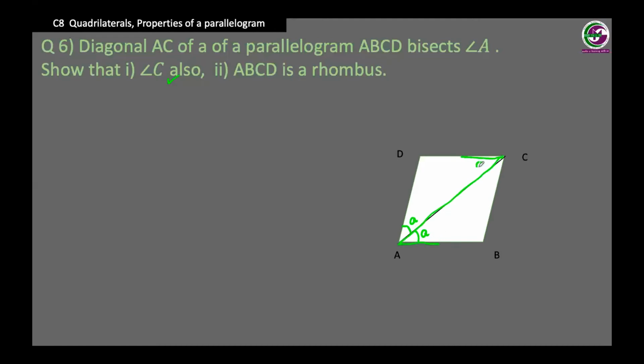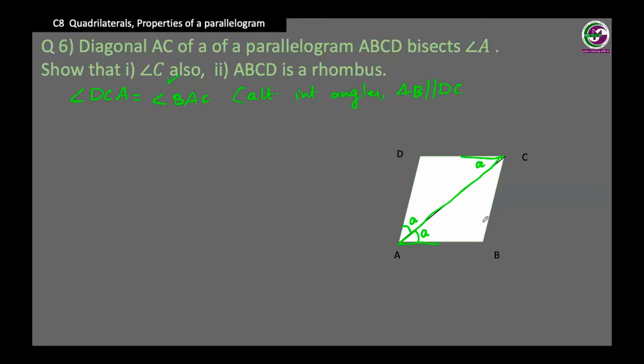So angle DCA is also the same as angle CAB. So let us say angle DCA is equal to angle BAC because of alternate interior angles between the sides AB parallel to DC.